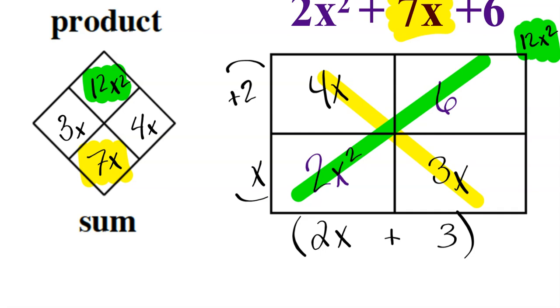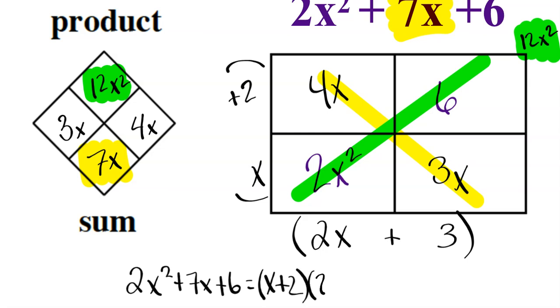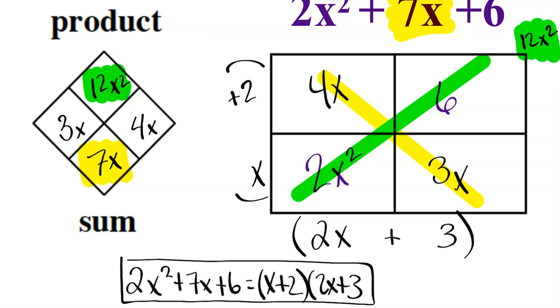So now we have 2x squared plus 7x plus 6 is equal to x plus 2 times 2x plus 3. And that's been factored.